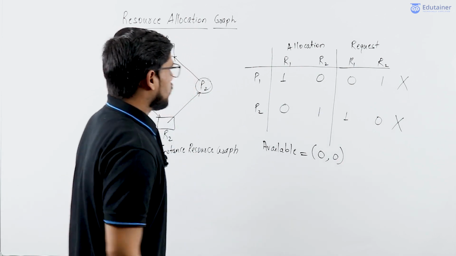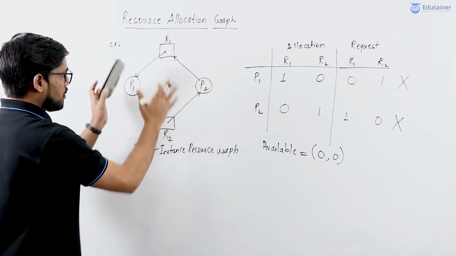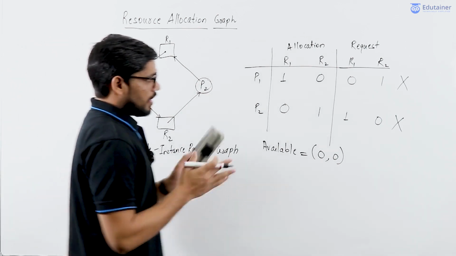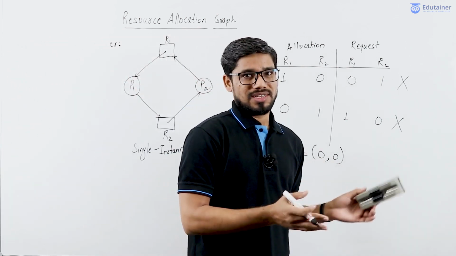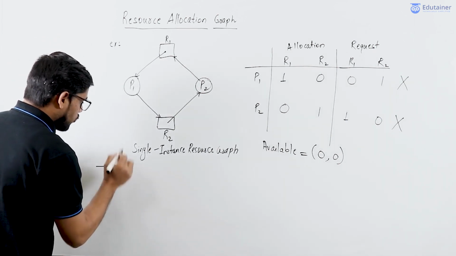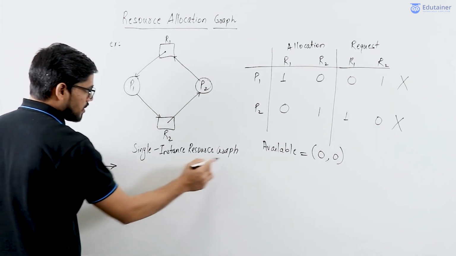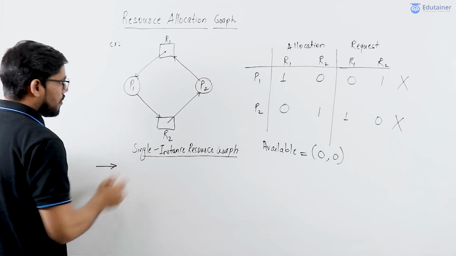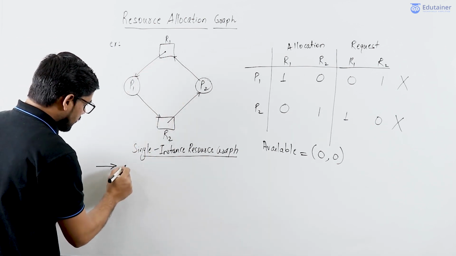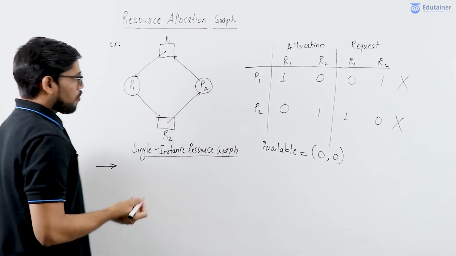It means this resource allocation graph is showing deadlock, or it is causing a deadlock problem. So here one important point you have to note: in a single instance resource graph, if there is any cycle present inside the graph, then it means a deadlock problem is present.